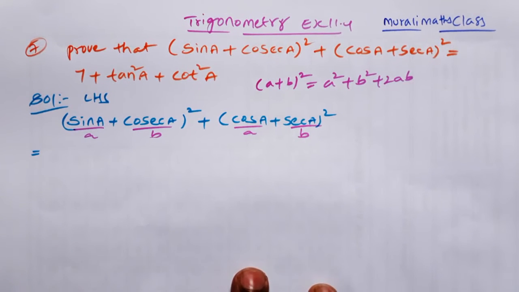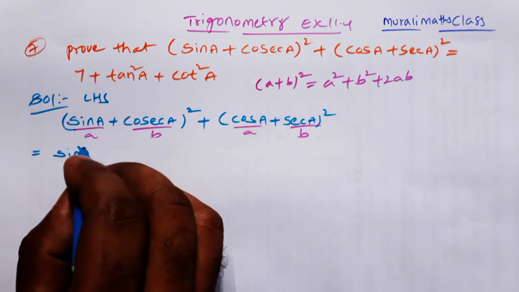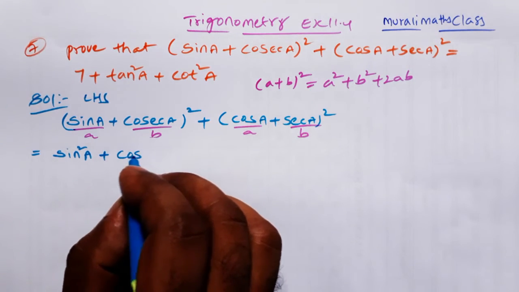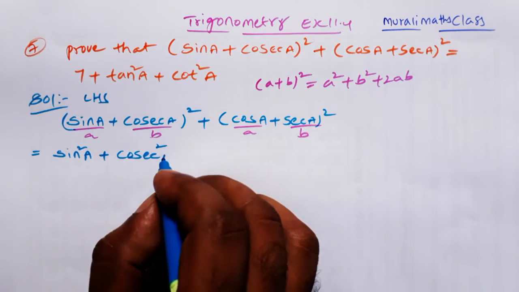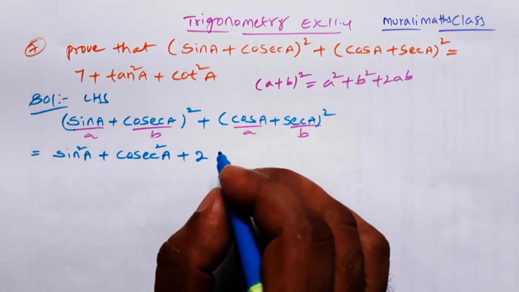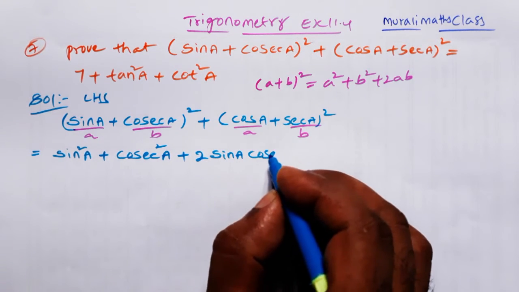A square means sin square A, plus B square means cosecant square A, plus 2AB, so 2 into sin A into cosecant A.